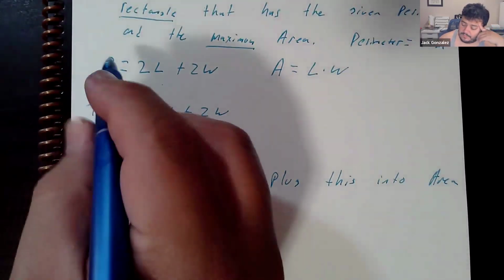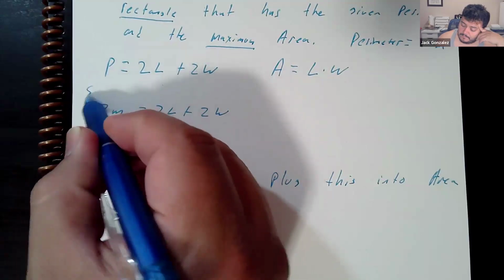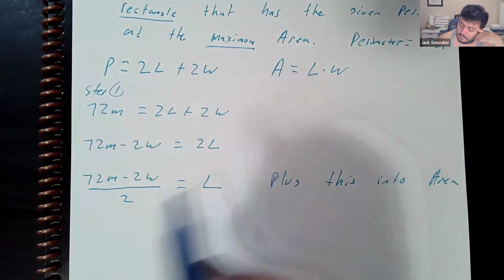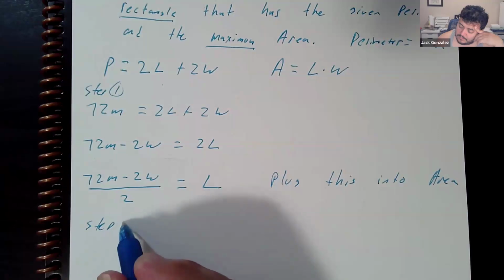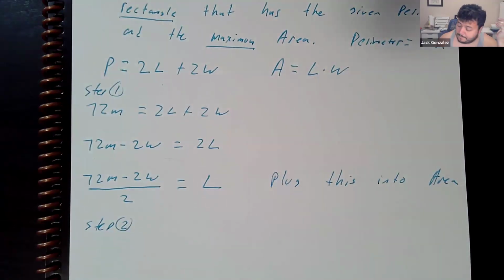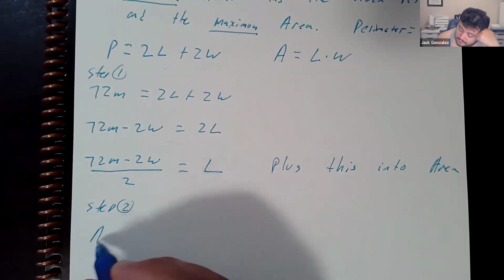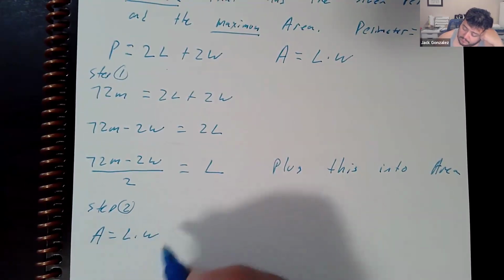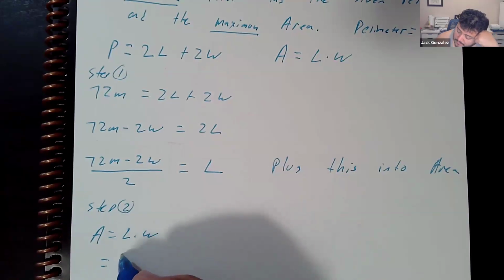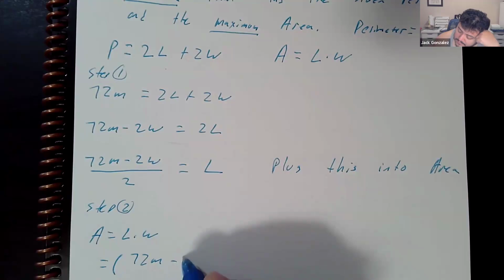Okay, so this is like my step one right here. Step two, we can create our area formula or equation. A is equal to length times width, which means that's equal to L, which is this, right?